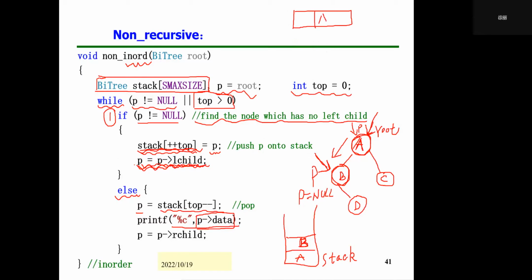For every node, A, this is the storage structure, right? And there are three fields in every node. Do you remember? This is data. And this is the left child pointer. Do you remember? And this is the right child.